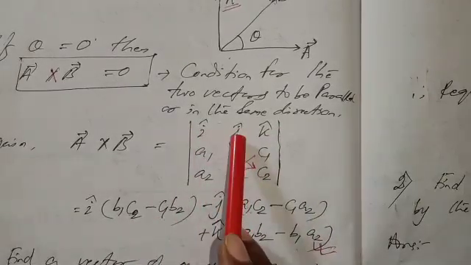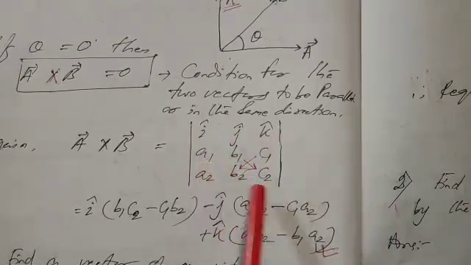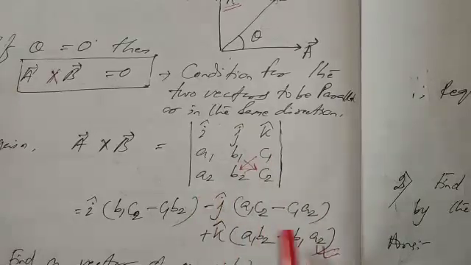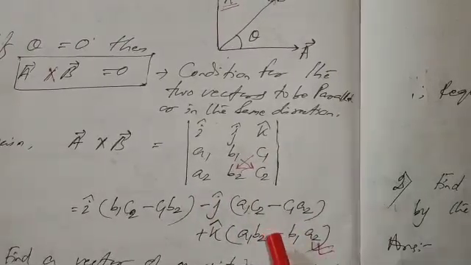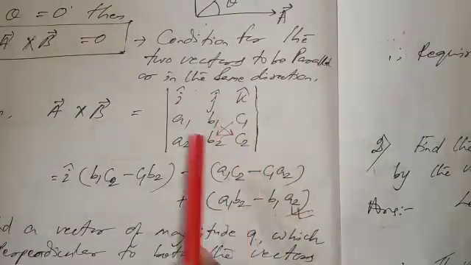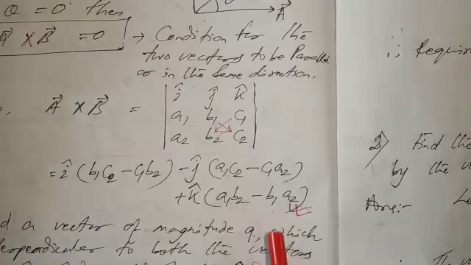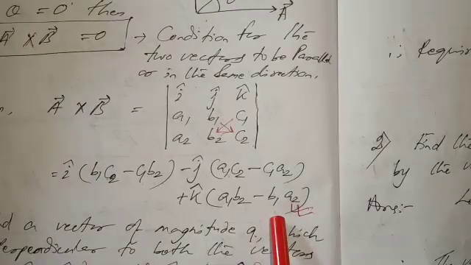Again minus j, omitting this row and column, a1 c2 minus c1 a2, plus k, omitting this row and column, a1 b2 minus b1 a2, k whole into this. This is all about the cross product of two vectors, the formula that I have written here.